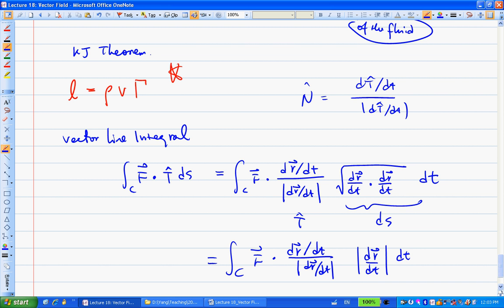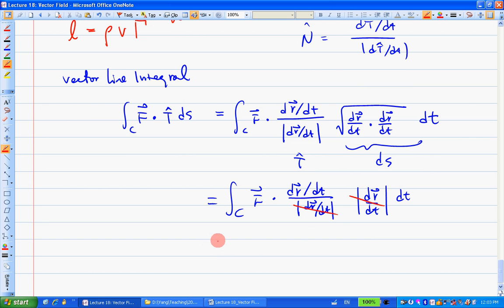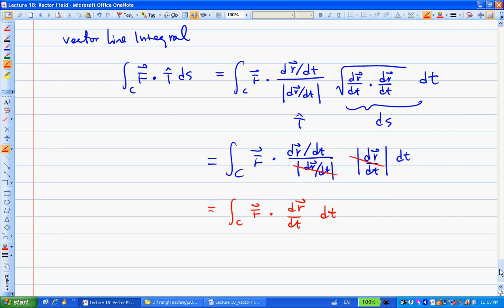When you take a vector dot itself, it gives you the absolute value squared, and in the square root the square is gone, so that's just the absolute value. Then you have this same quantity, so it cancels. You end up with f dot dr over dt times dt. Was that clear?